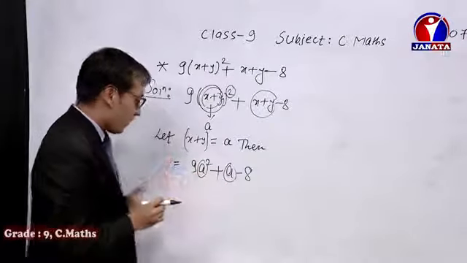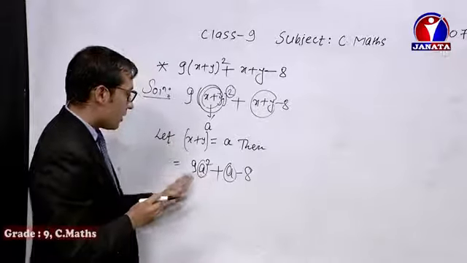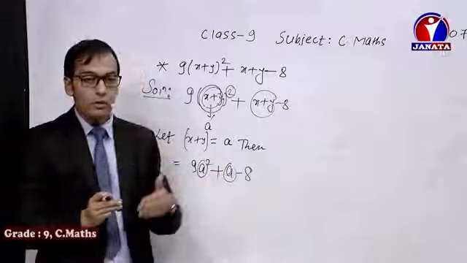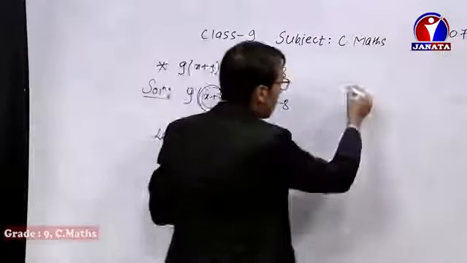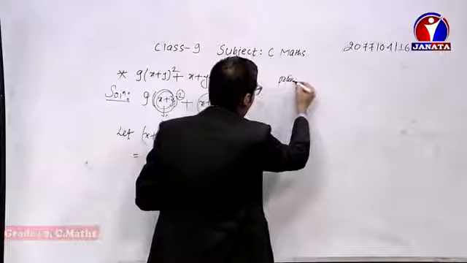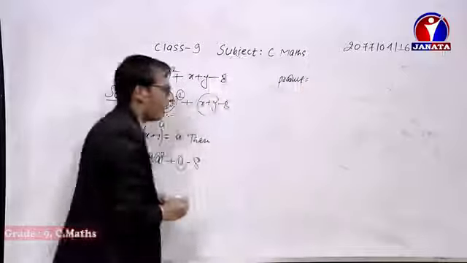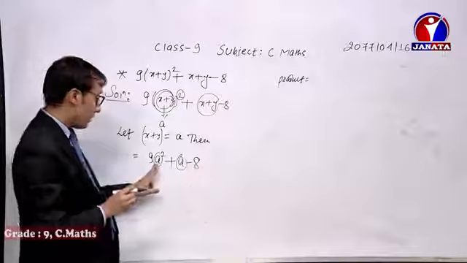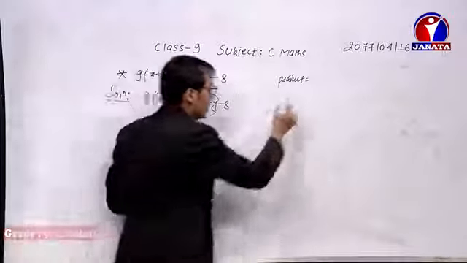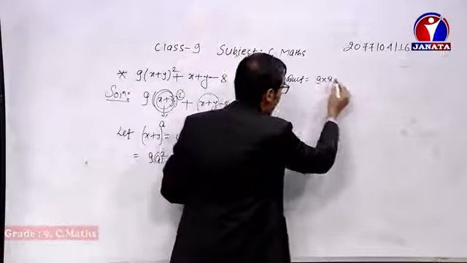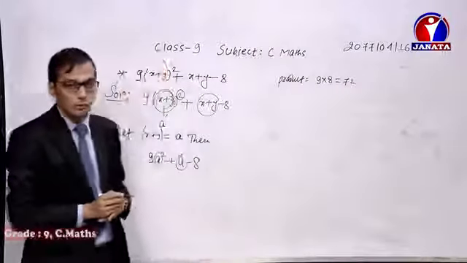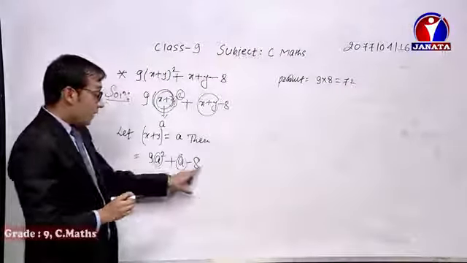Let's try. What is the a square coefficient? 9. What is the constant term? Minus 8. Now we need to find the product of two numbers. The product is always the constant term times the coefficient of a square. What is 9 times 8? 72. What is the sign of the constant term?